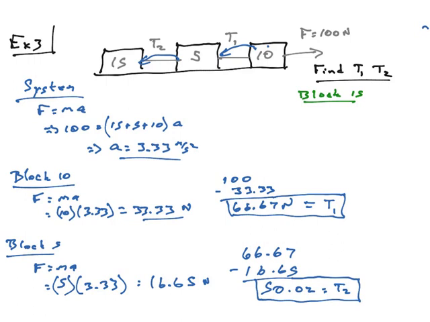So let's ask the question. F equals ma for block 15. How much force does his mass of 15 need to get to his acceleration of 3.33? And the answer better be 50, because that's what he was given in T2.